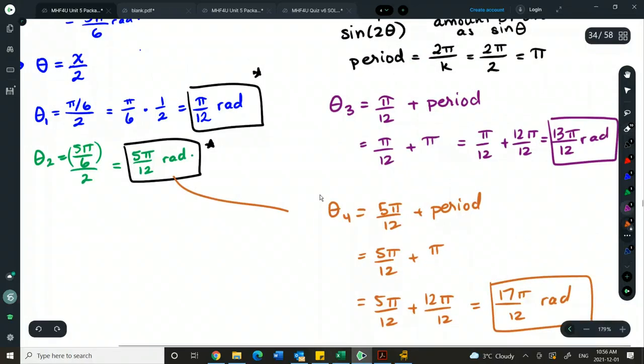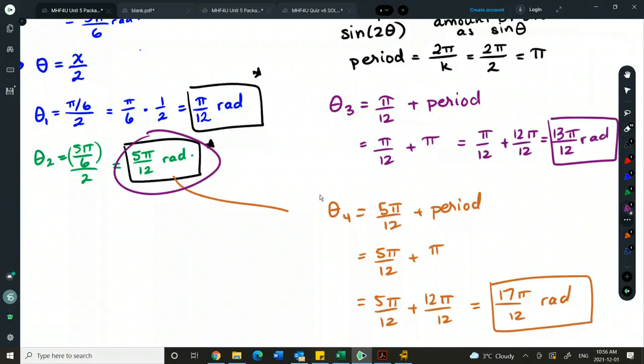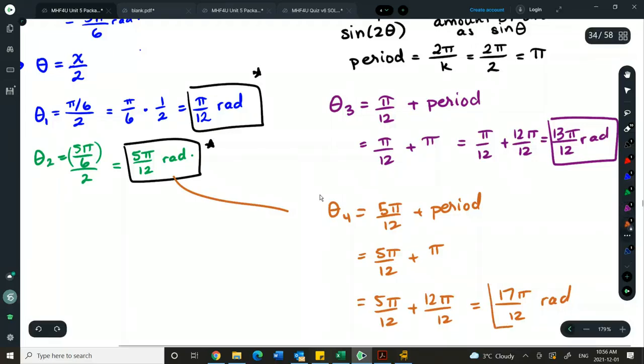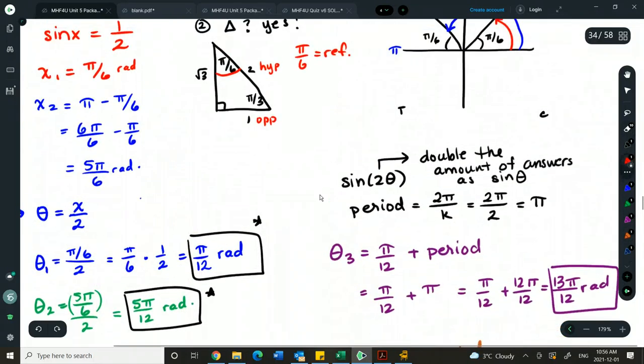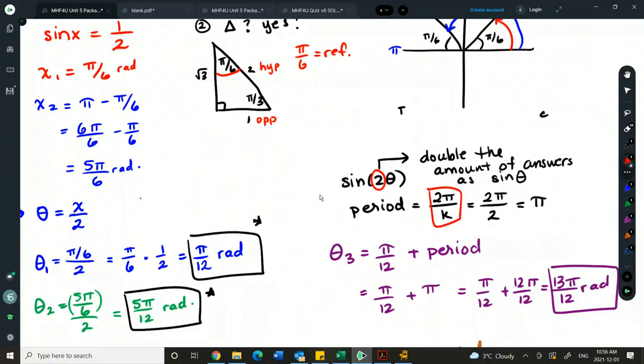So I take it from my answer in the first cycle, and I just add the period to it. But for these types of questions, like when we're looking at graph method, are we supposed to assume that the period is pi? So you can find the period because you will know the k value, and the period is always 2 pi over k. That's from last unit when we were doing all the graphs.